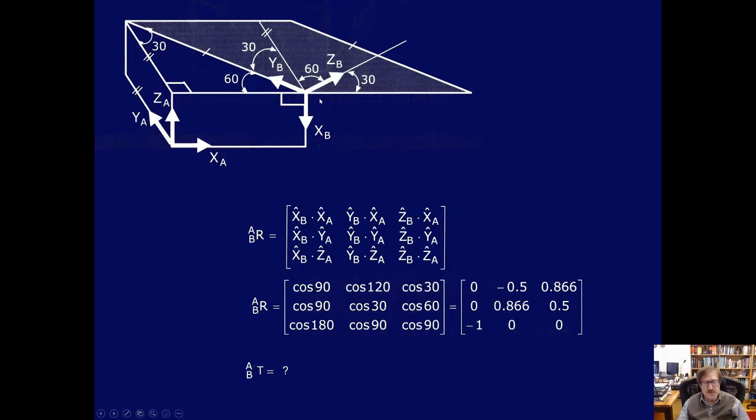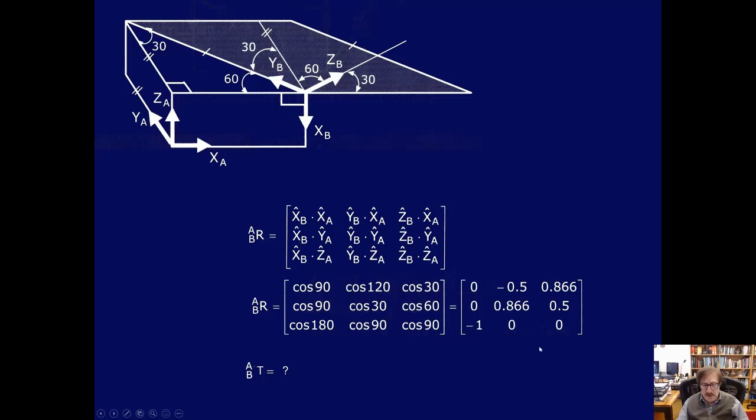So if you just figure out the angle between the axes of the later frame and the previous frame, then this approach gives you the transformation matrix, or at least the rotational part of the transformation matrix, rather systematically.